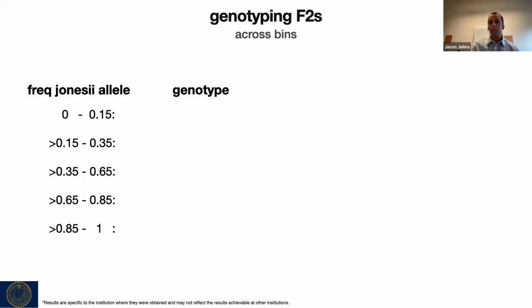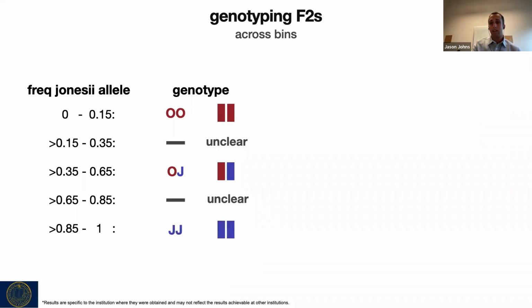Within these bins, if the allele frequency for the Jonesii allele was anywhere between 0 and 15%, we called it homozygous origami. If it was between 15 and 35%, we called it unclear. Between 35 and 65%, het. Between 65 and 85%, unclear, and any more than 85% for the Jonesii allele, we called homozygous Jonesii.